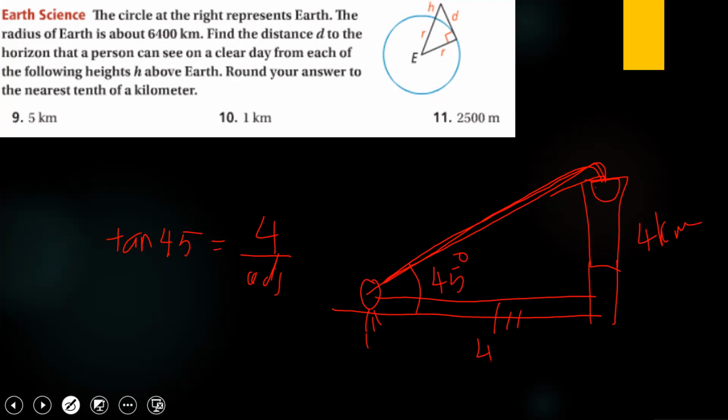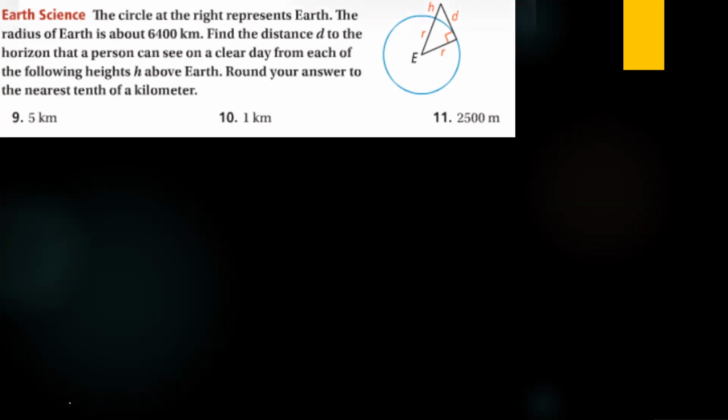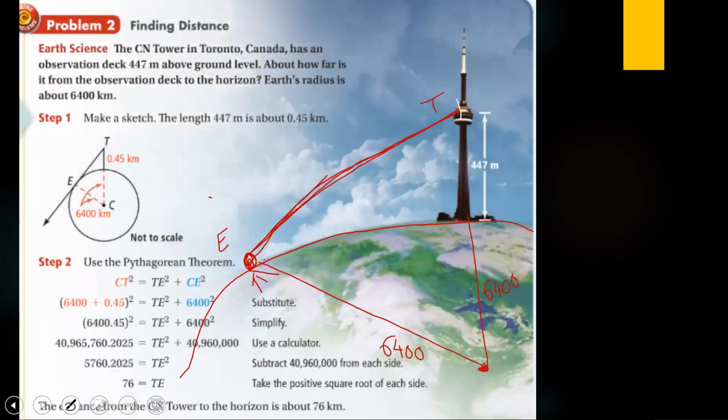But in this problem, if you are on a circle, we cannot use tan or sine or cosine, because here I don't have a straight line.